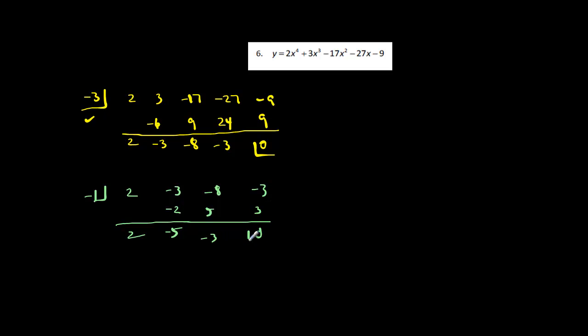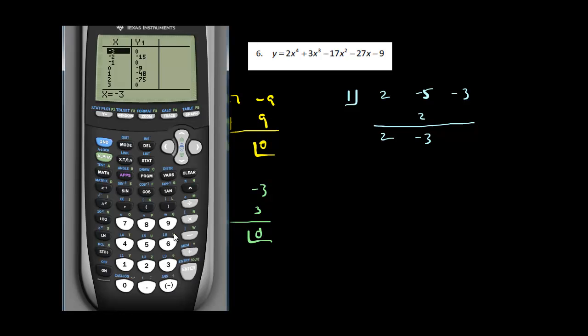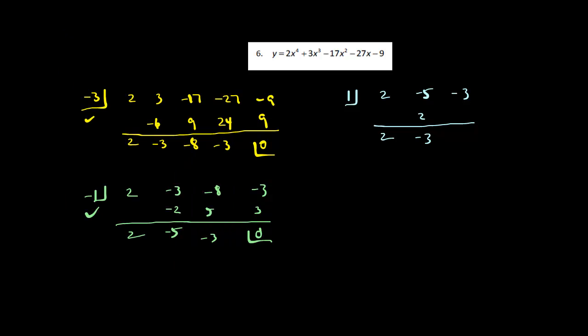And that proves that -1 works. And then let's use 1, because that was the third one that worked. Wait a minute, did 1 work? No, 1 didn't work, 3 worked. Let me just erase this here. It was 3 that worked.